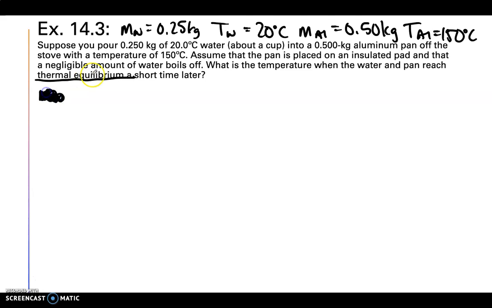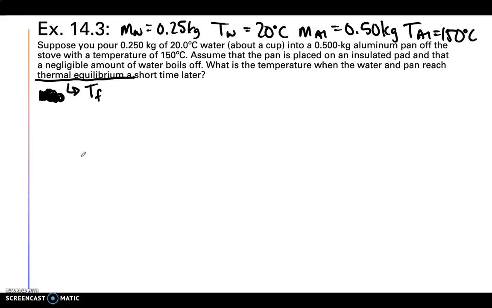Now, when it states that our system is going to be at thermal equilibrium, our temperatures will eventually be the same. So T final will be the same for the water and the aluminum. Then our heat exchange will stop.